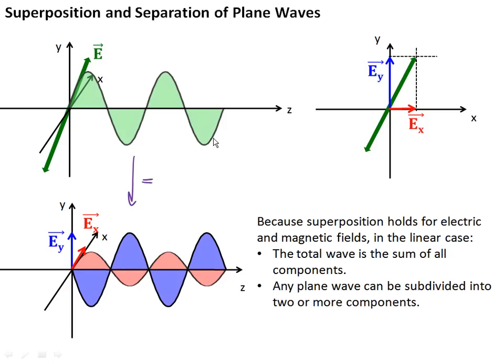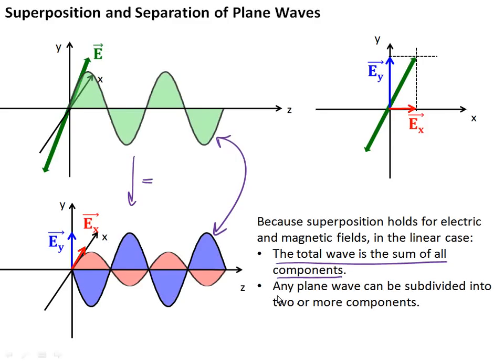So again, let me say that these two things are equal to each other. They're simply different mathematical representations of the same thing. And so the key point here is because superposition holds for electric and magnetic fields, as long as we're in the linear case, that we can essentially make an overall plane wave as a sum of individual components.